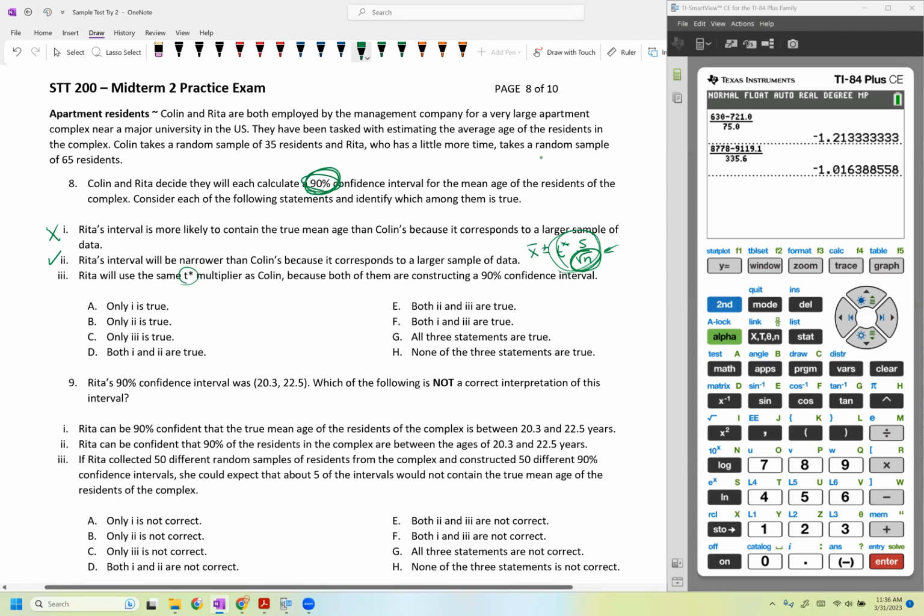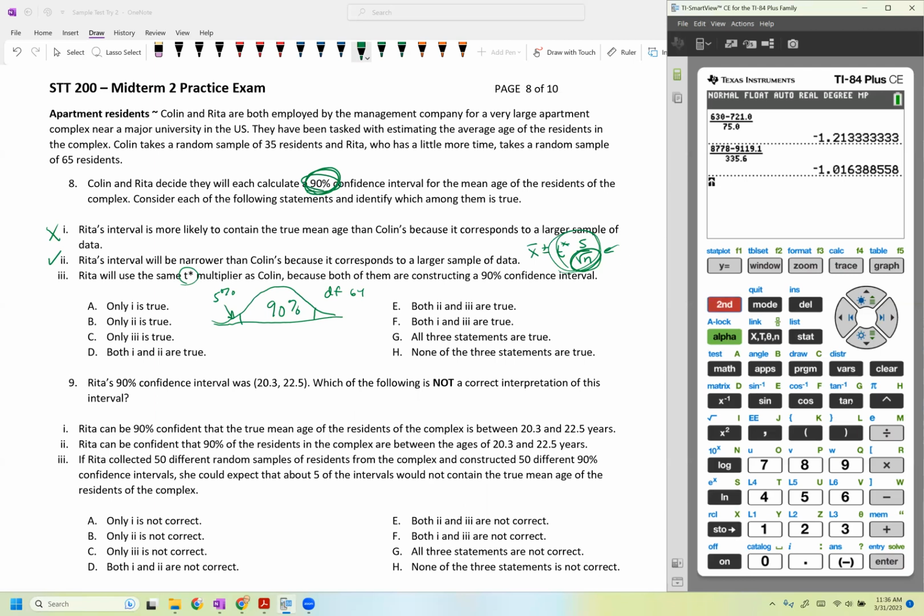The answer is no. T stars are based on degrees of freedom. Rita has degrees of freedom 64. And if we're doing a 90% confidence interval, that means there's 5% in this tail. We would find her T star value by using inverse T with 5% in the tail and 64 degrees of freedom.